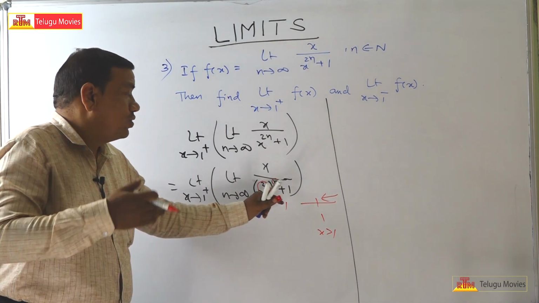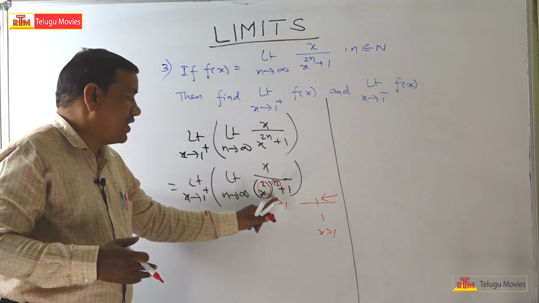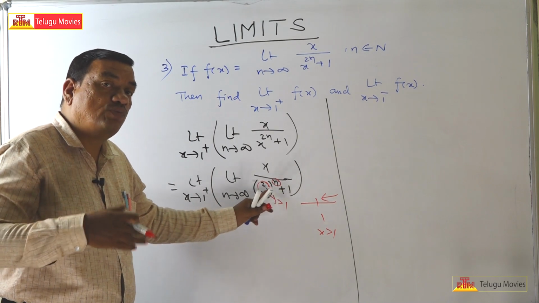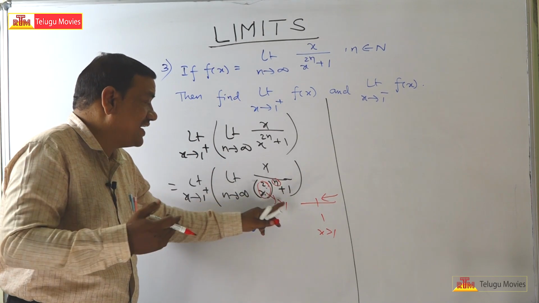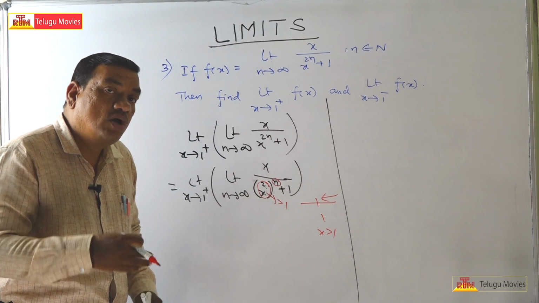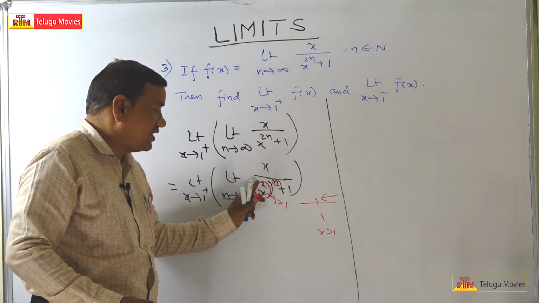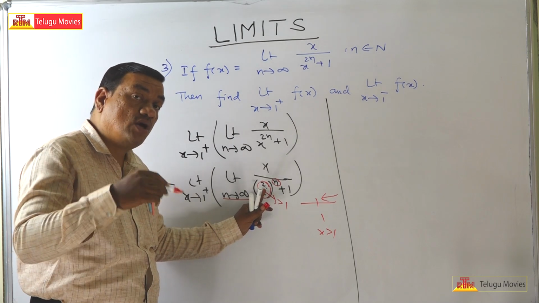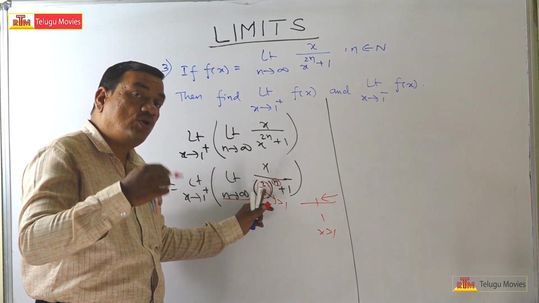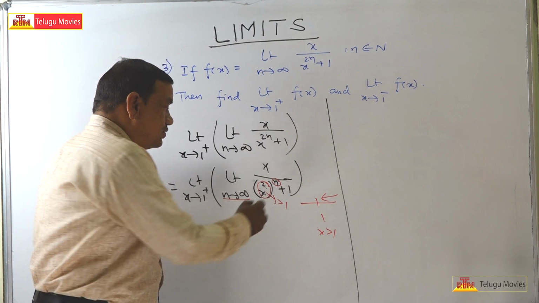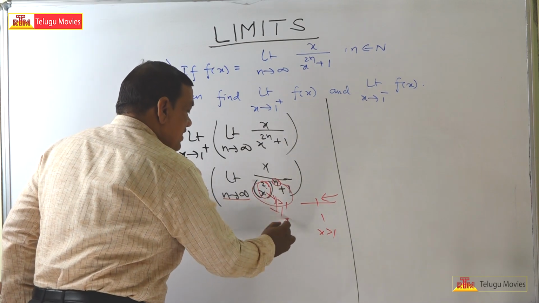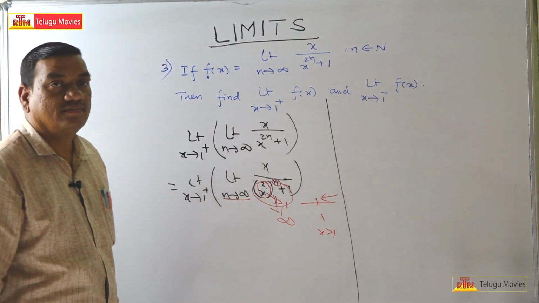For example, if x square is 2, then 2 square, 2 cube, 2 power 4, 2 power 5. Let us take 2. So as n tends to infinity, the denominator is 2 square, 2 cube, 2 power 4, 2 power 5, 2 power 6. So you are making the denominator go to infinity.